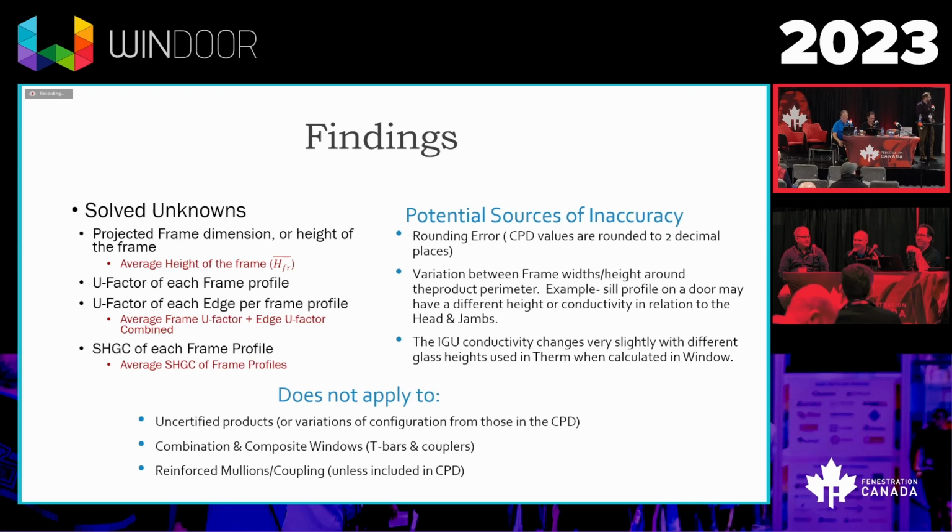The other variation is the frame height. When you import IGUs in THERM, there are different heights that you set it to when you import it. Basically on a curtain wall, it's 1900 mils, and on a picture window, it's 1400 mils. So there's some slight variation there, but also not substantial to the overall calculations.